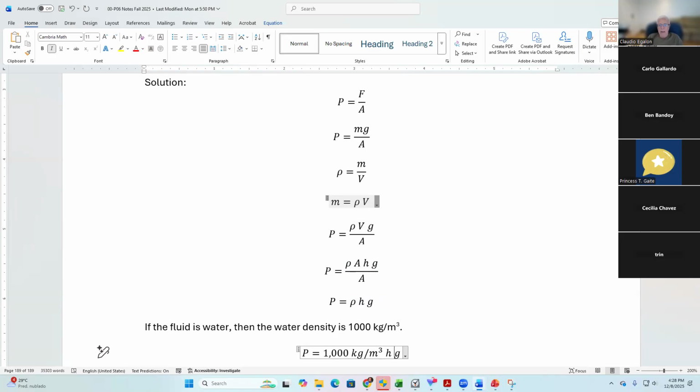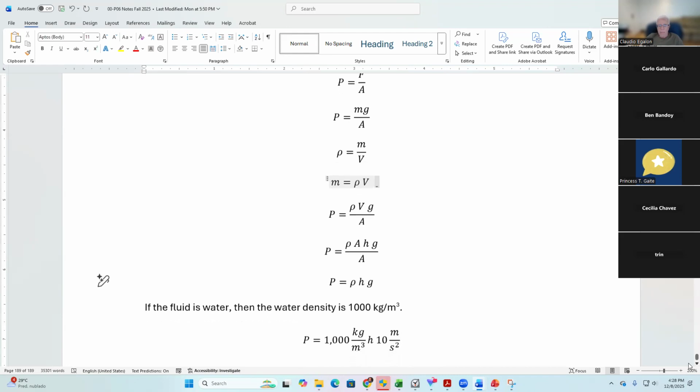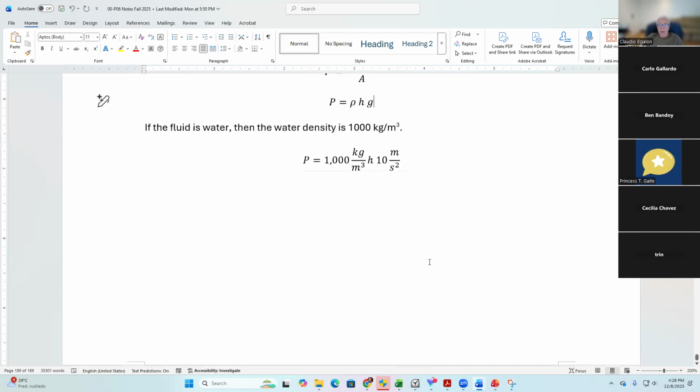And let's not forget that g is the acceleration of gravity. I'm going to make it equal to 10 meters per second squared, just to make our calculations easier. So here we go. And what else can I do?